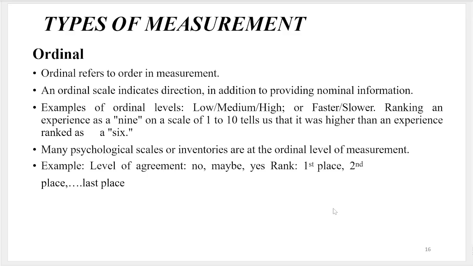For example, categories such as low, medium, high, or rankings like first, second, and third show clear order, but we don't know how much difference exists between them. Similarly, in scales like rating an experience from 1 to 10, we know that 9 is higher than 6, but the gap between them is not necessarily equal and measurable.